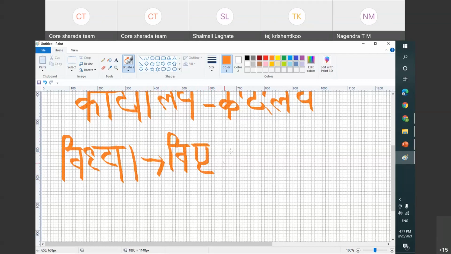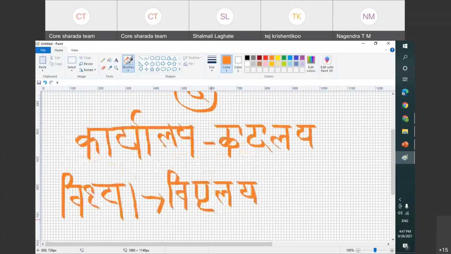This is simple. This we learned yesterday. Vidyalaya. Is there any special rule? No, there is no special rule for Dya. Dya is always like this. It is a simple Ya. Whenever Ya is written below, we write it like this.